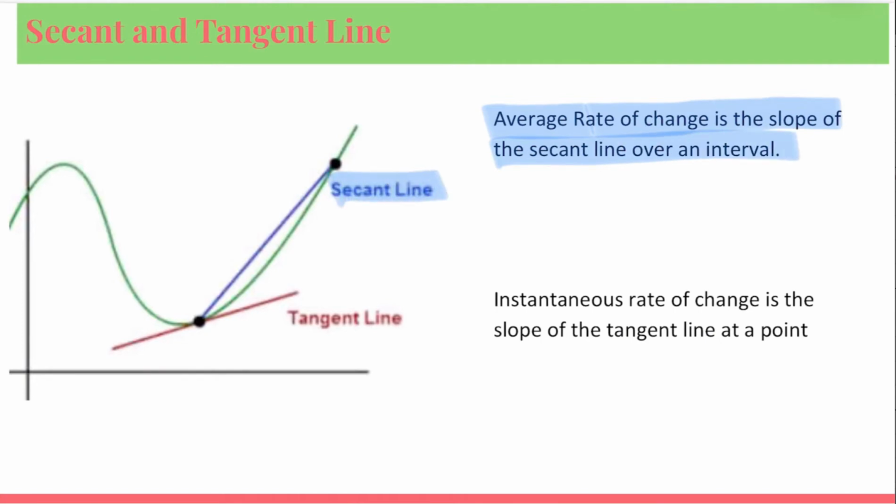A secant line over an interval basically means over a period of time, so you need 2 points. You see in the graph I have 2 endpoints, and the secant line connects those 2 points. The average rate of change is the slope of that secant line.